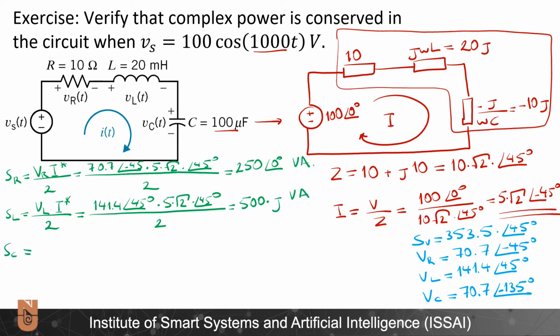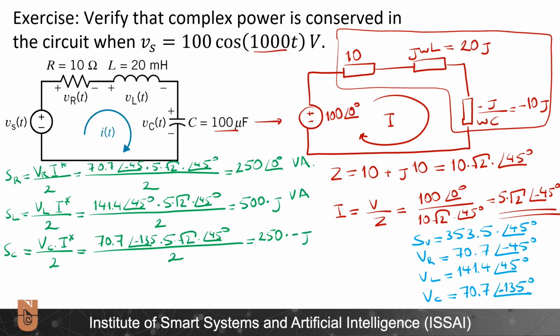And similarly, SC will be equal to VC times I conjugate divided by 2, and this is equal to 70.7 with an angle of minus 135 times 5 times square root of 2 at 45 divided by 2, and this is equal to, accordingly, 250 times minus j, because we have minus 90.